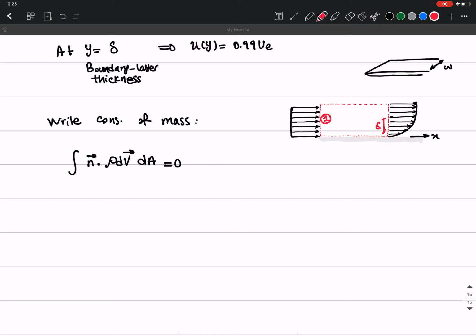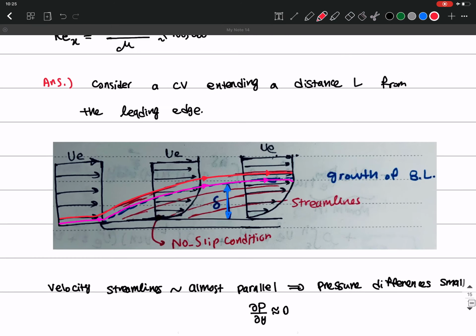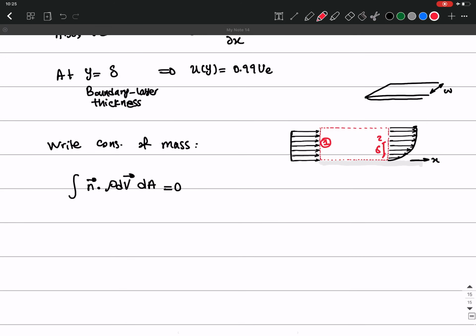So section 2 and 3. Okay. So first let's go, we wrote it for the section 1, which is going to be minus rho UE H times W, where W is width. So this is going to be the area. And so the whole thing is mass flow into the CV.